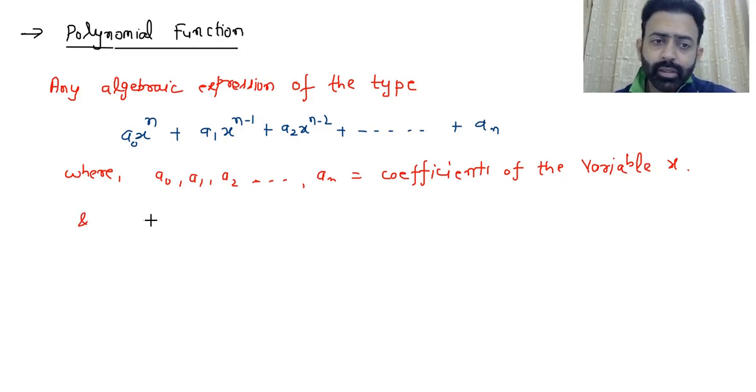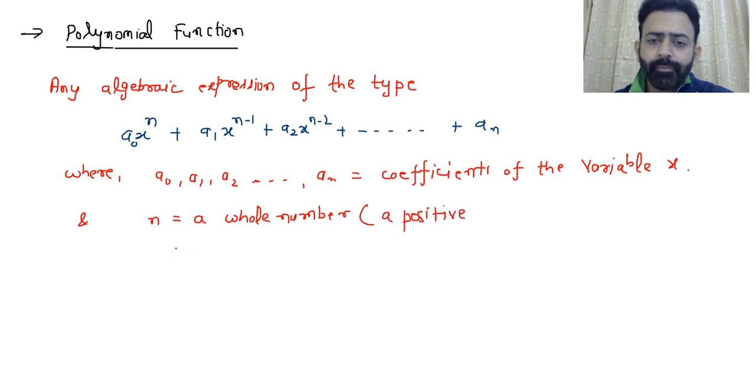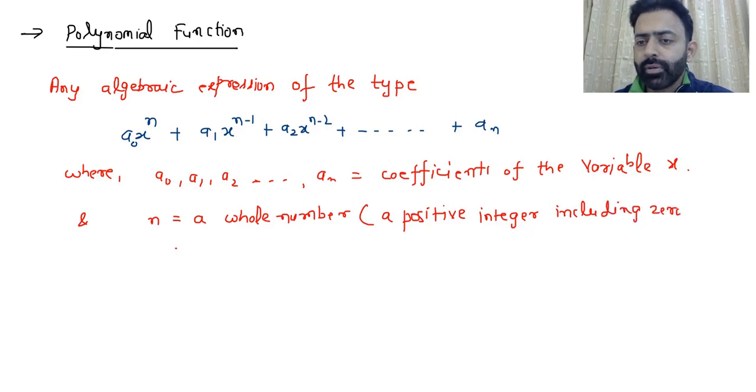And this n is a whole number, or a positive integer. In other words, it is a positive integer including 0. We won't say that 0 is a positive or a negative number, so positive integers start from 1, plus 0 also.